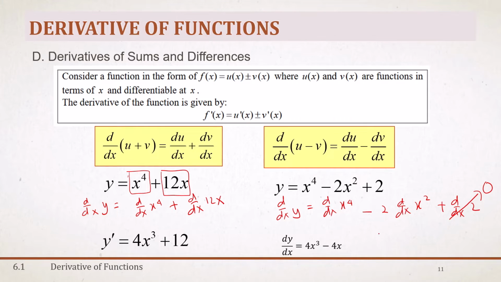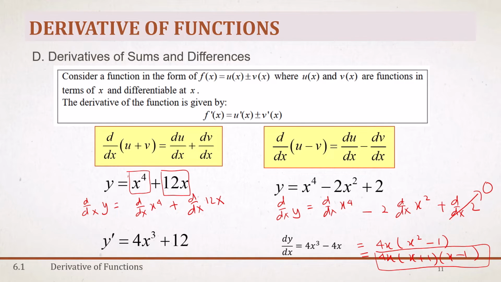Now, maybe in some books, they will write that as 4x times x squared minus 1, or maybe they go even further, 4x(x plus 1)(x minus 1). But this form of the final answer is useful in chapter 7, where maybe we want to use it to find the extremum point.